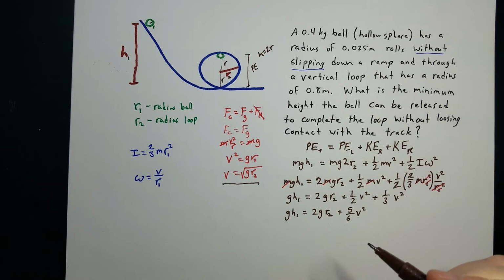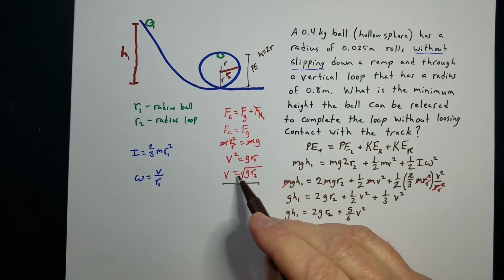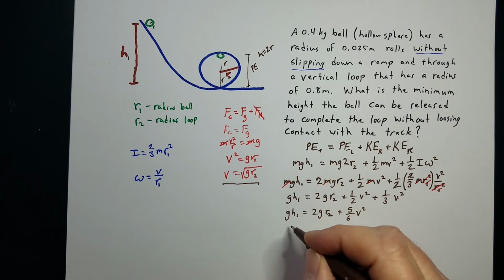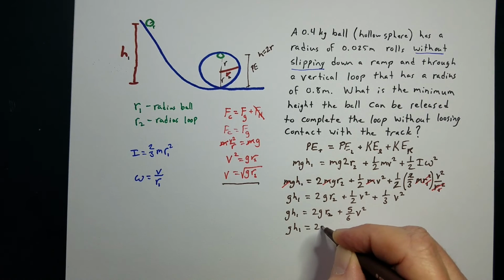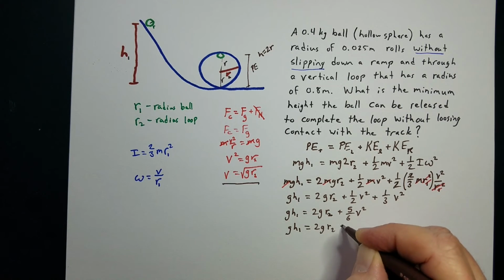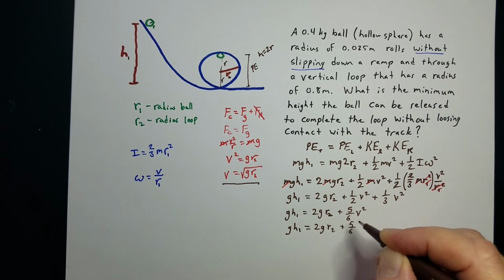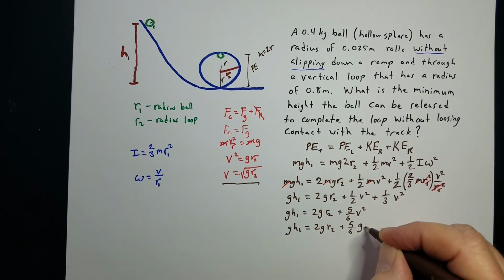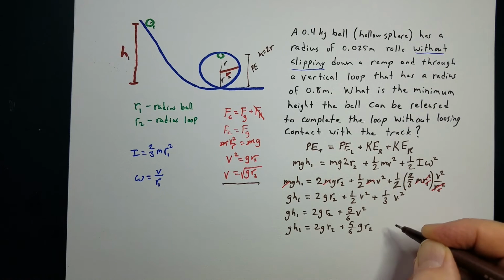Now our condition is that v has to be equal to the square root of g R2. If we substitute that in, we get g h1 equals 2 g R2 plus 5/6, and that's going to be squared, so that eliminates the square root sign, so that's g R2. Oh, nice.